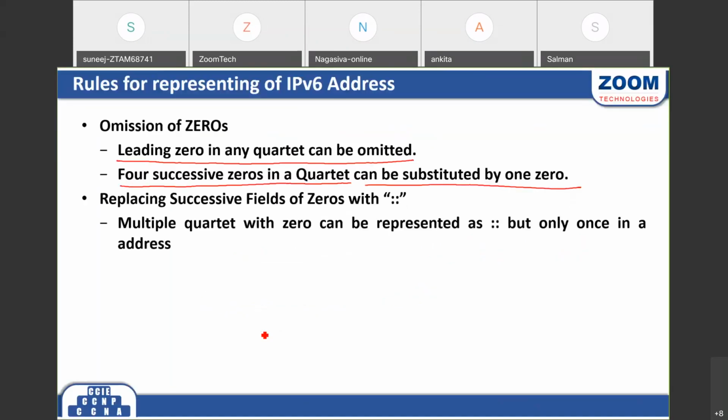The next rule is replacing successive fields of zeros with a double colon. Multiple quartets of zeros can be represented as what?